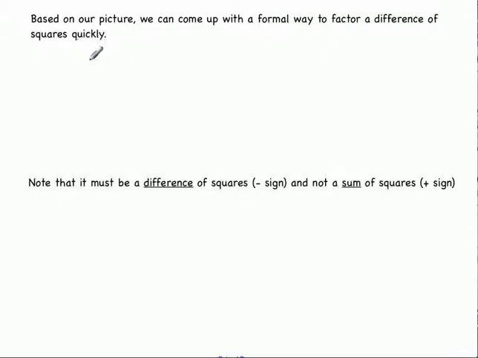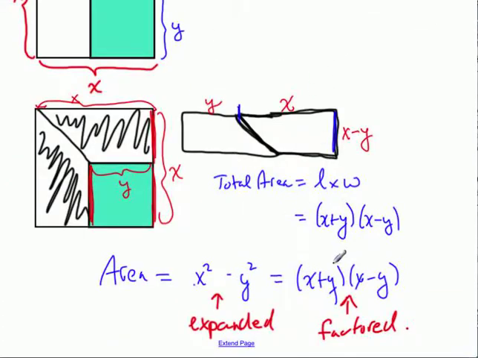So, more formally, any value squared minus any other value squared can be factored very quickly as (a plus b) times (a minus b), which is the result that we got down here: (x plus y)(x minus y), and we have our x squared minus y squared here.